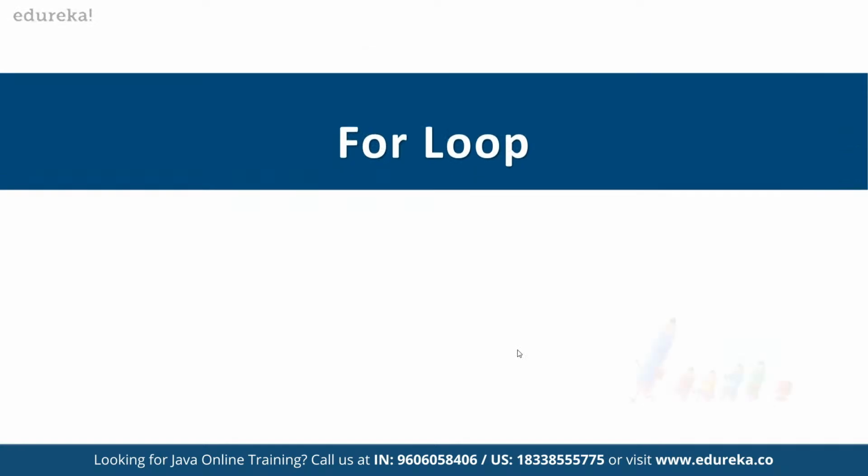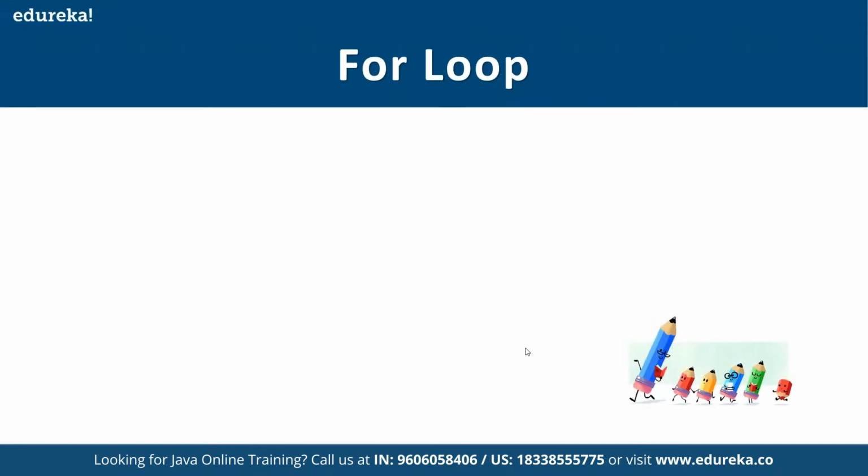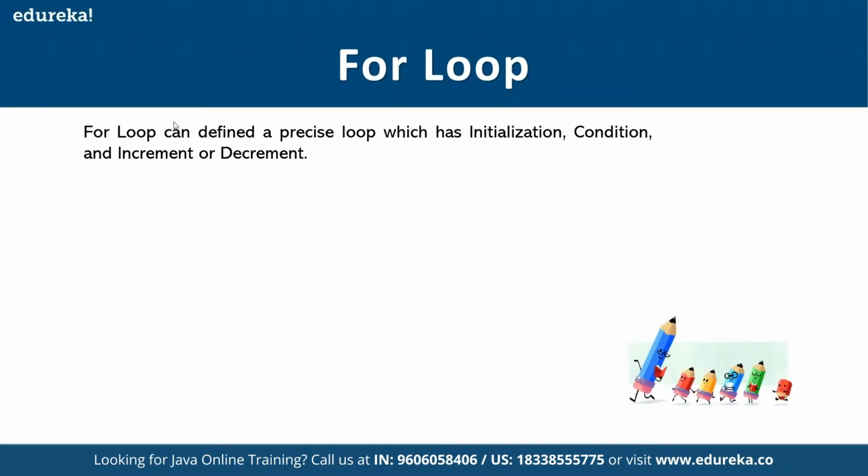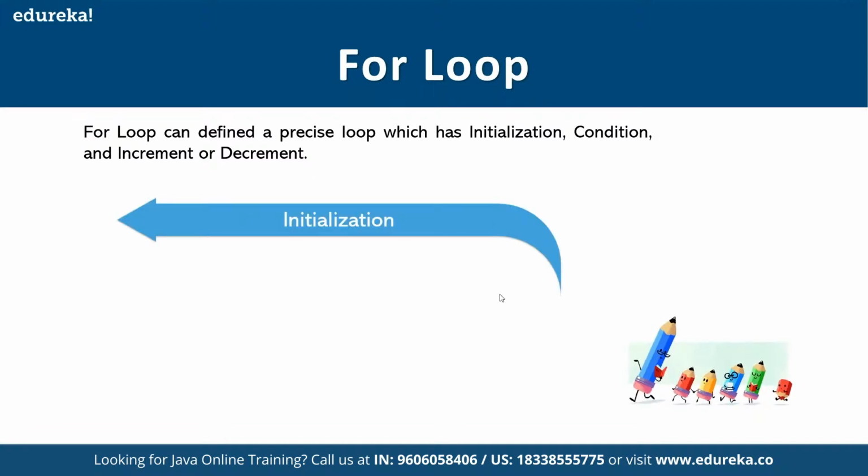We'll start with the for loop. In the scenario of the for loop, I can define a precise loop which has initialization, condition, and the increment or decrement. While writing my for loop, I'll mention all these things.